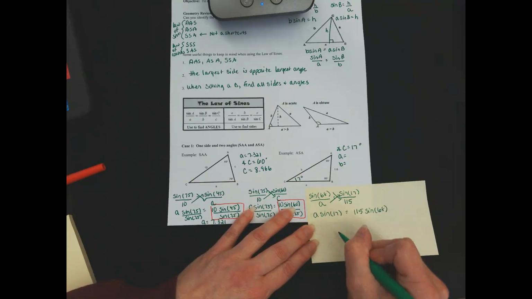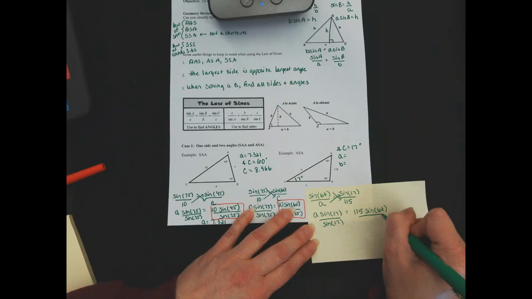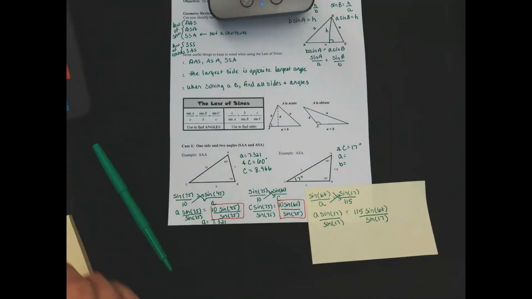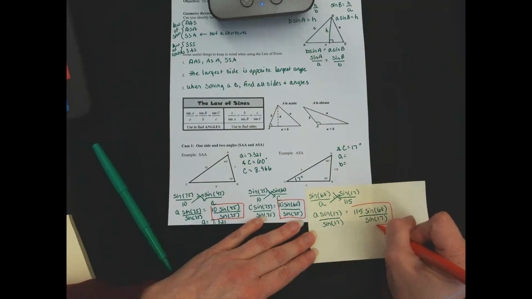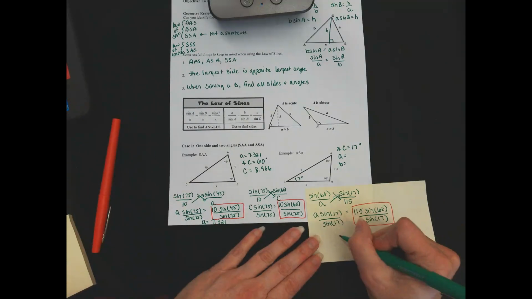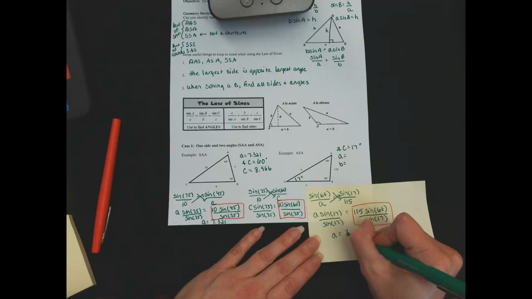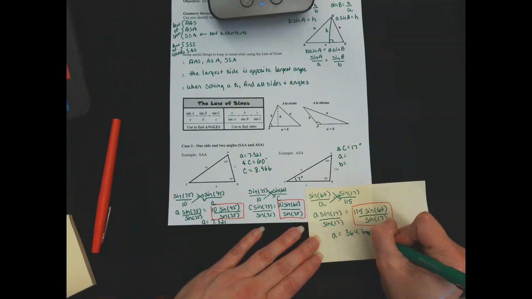To get A by itself, we want to divide both sides by the sine of 17. And again, I'm going to pop all of that into my calculator. We want to round at the end. When I do that, I do get A is equal to 364.694.